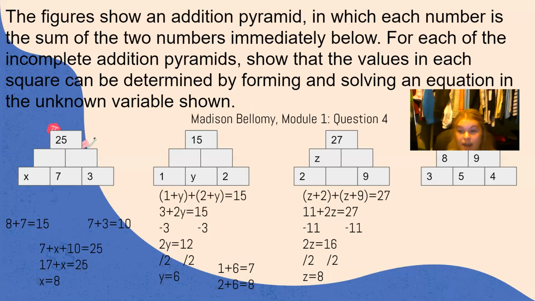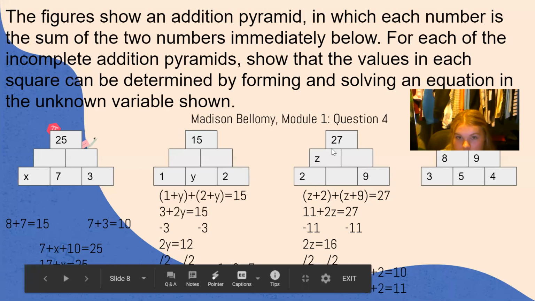So once we have that information, we can now figure out that 8 plus 2 is equal to 10, and 9 plus 8 is equal to 17. Alrighty, so that is function 1.